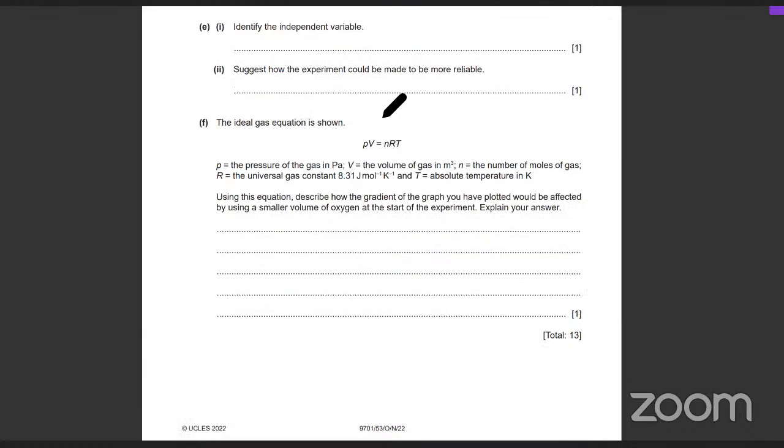Finally, you've got the ideal gas equation. That's the last question. It says the pressure of the gas is P in pascals, V equals volume of gas in meter cube, n is the number of moles of gas. So everything is given.